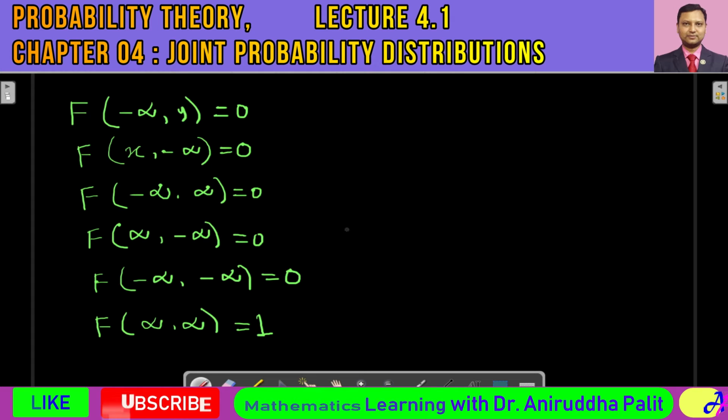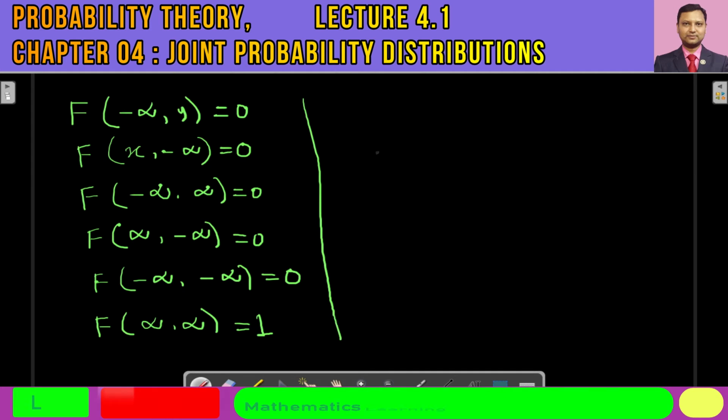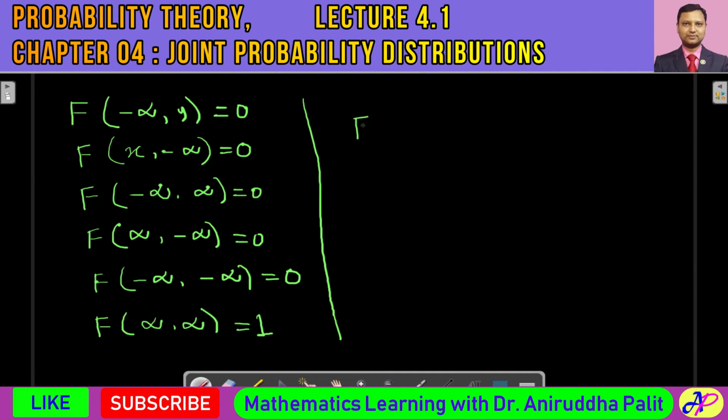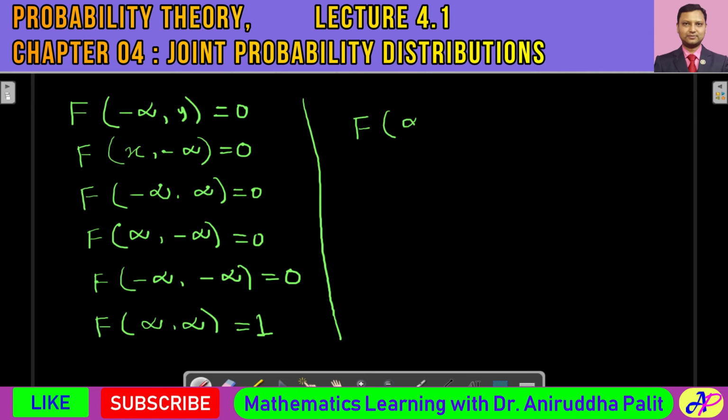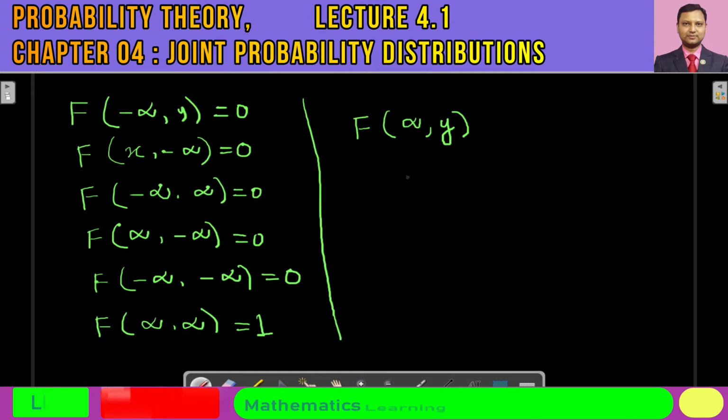So we have all these results. Now the next question that comes to our mind is, what would be the value of this type of expression? Suppose we have infinity in one coordinate, suppose the value of x is equal to infinity, and the value of the other coordinate is a finite quantity.